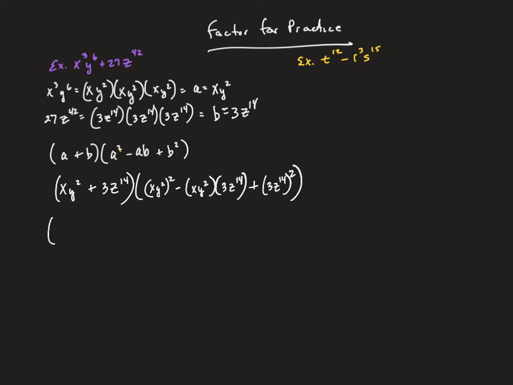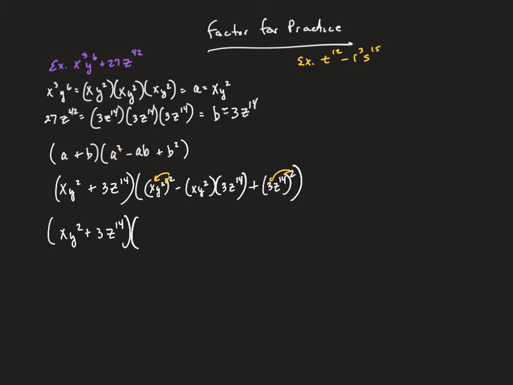And in doing so, we simplify that out, and that'll be xy squared plus 3z to the 14th times, remember when you're doing your exponents, that exponent goes to both of those. This exponent goes to both of those.